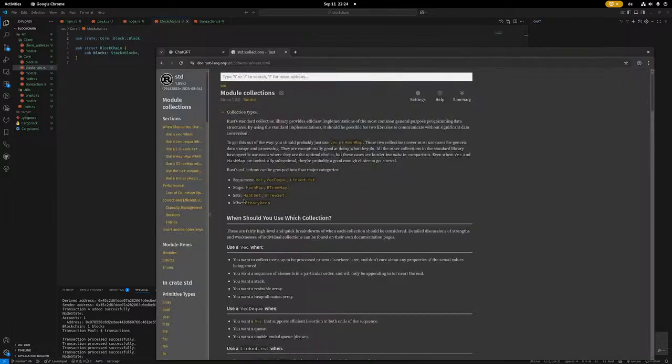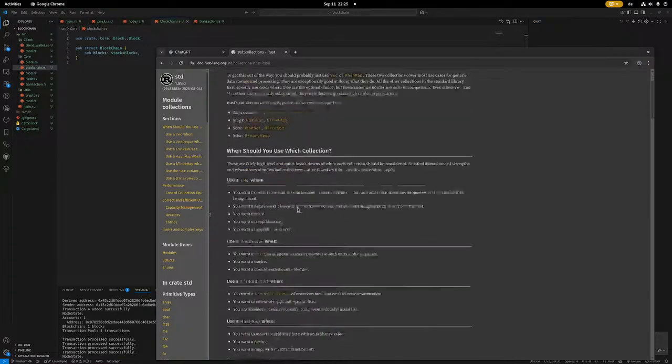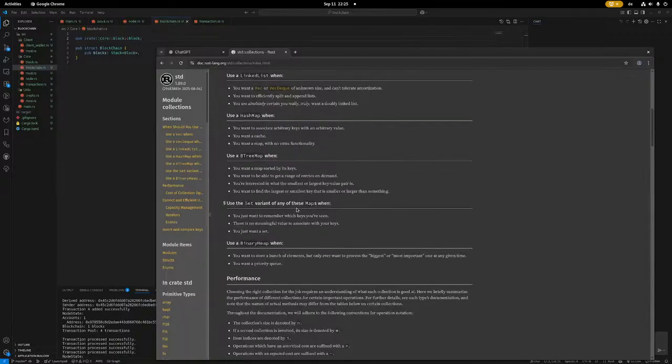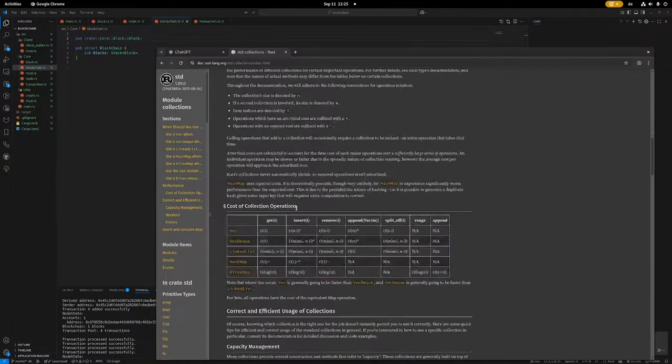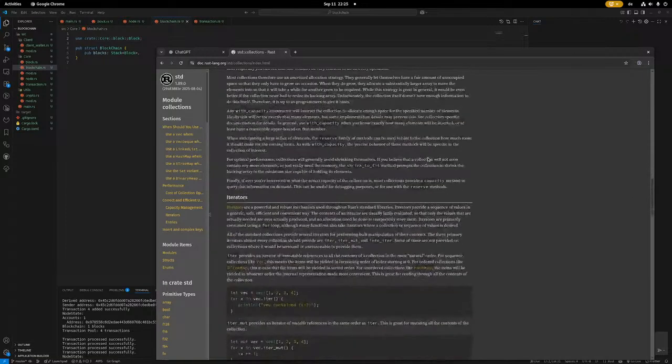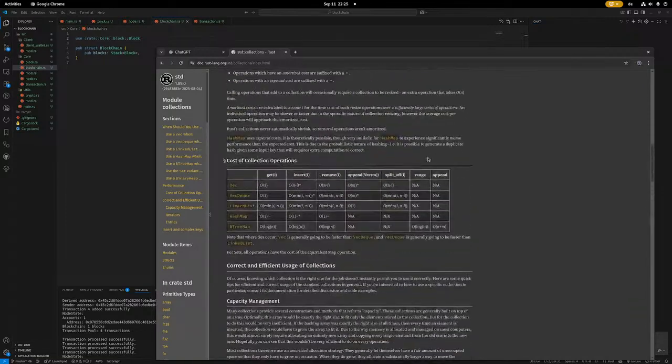Yeah, std collections, sets, hash map, hash set. Really? There is no way. I know the costs and complexities, but really?